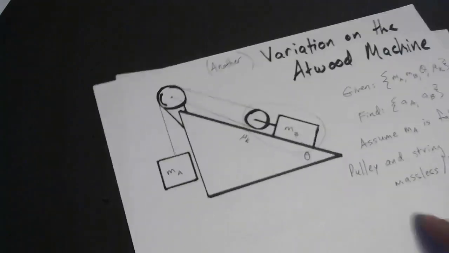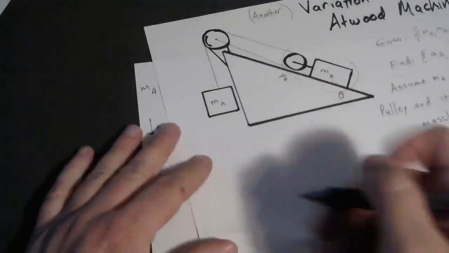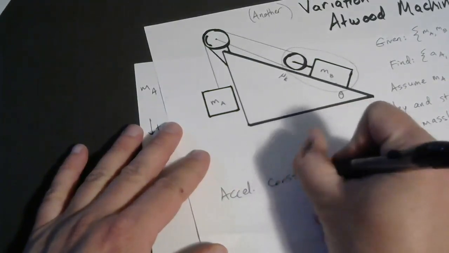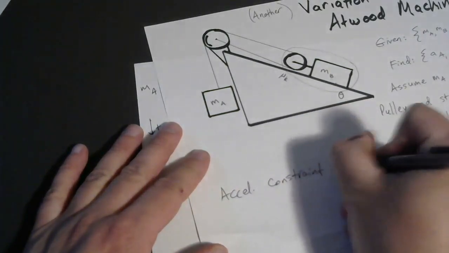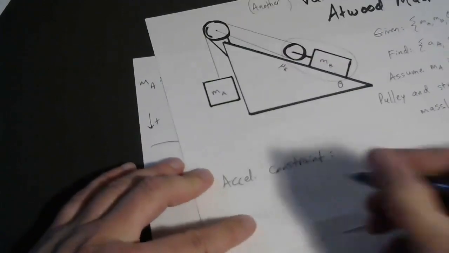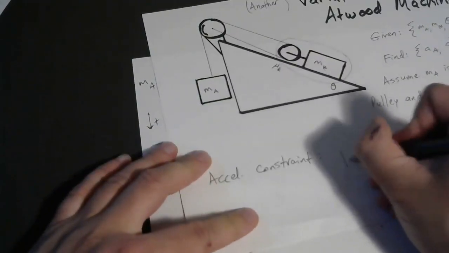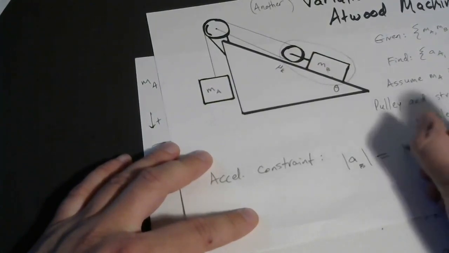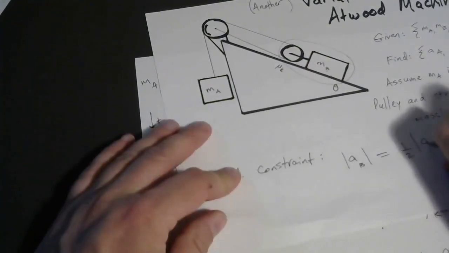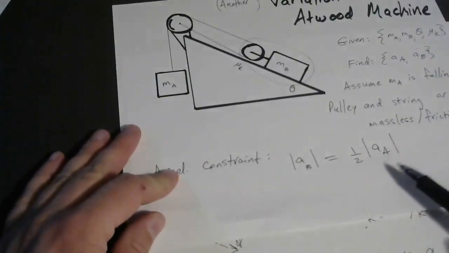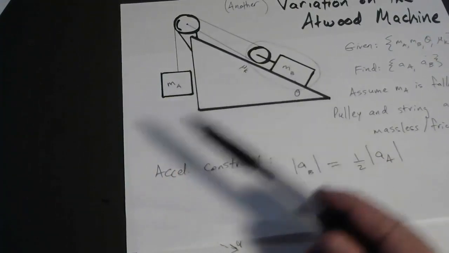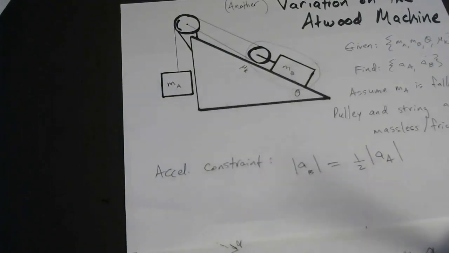So I think what I've determined is, I'll write this equation here, the acceleration constraint. This is the other place you can go to get your equations. At the very least, I can say that the magnitude of mass B's acceleration is only 1/2 the magnitude of mass A's acceleration, because in equal times, mass B will only move half the distance that mass A moves.